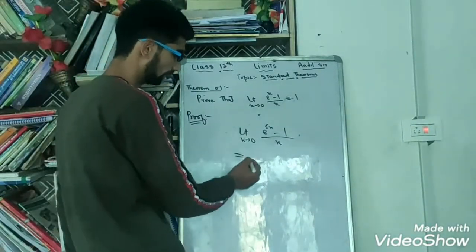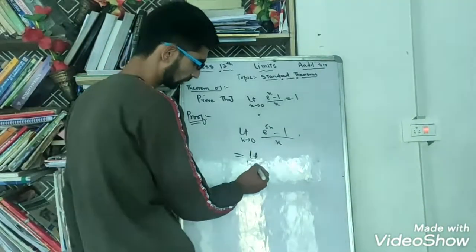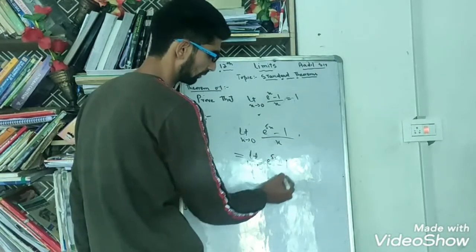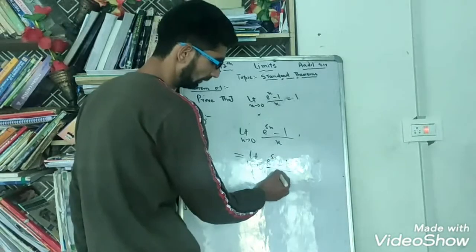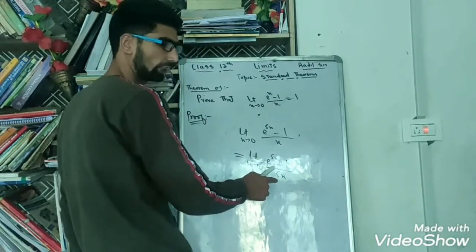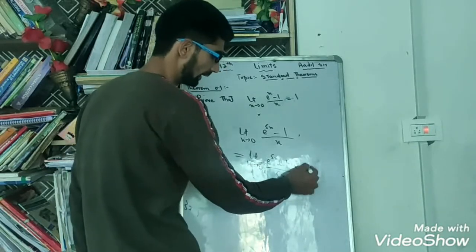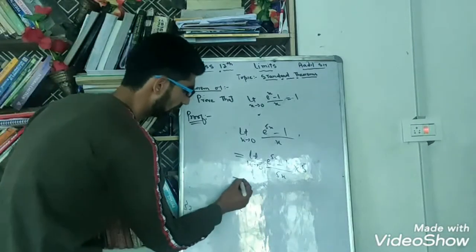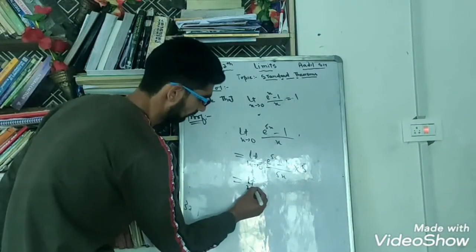So I can write this as the limit as x tends to 0 of (e^(5x) - 1)/5x, but 5 is extra here now. I will multiply by this 5 and this 5 will get cancelled out, and I will get my function back. So it will be now the limit as x tends to 0.